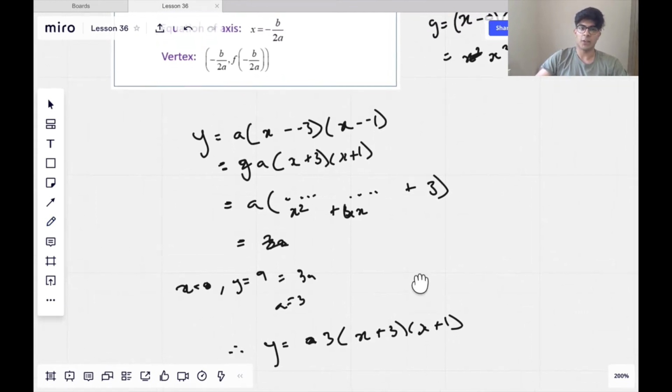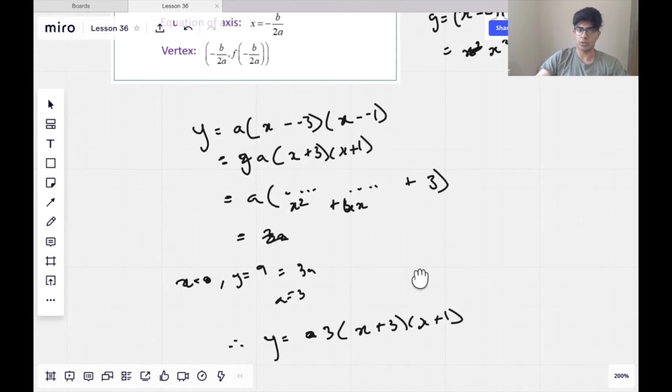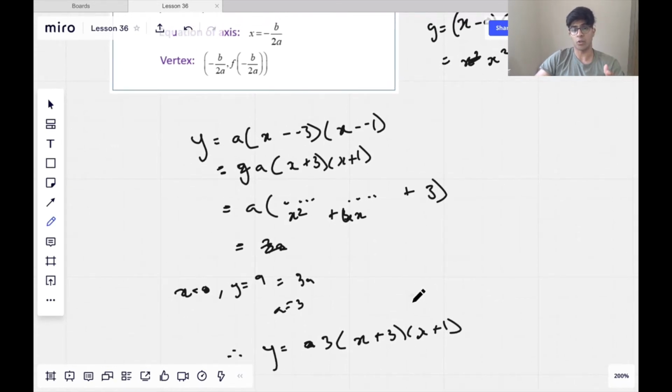This is a lot harder of a question, for them to give you a graph of a quadratic and then turn that into an equation. But remember, there's two steps to it. First thing we do is find the roots, and we plug them into the form (x minus root 1), so let's say (x minus a) and (x minus b). These are the two roots.